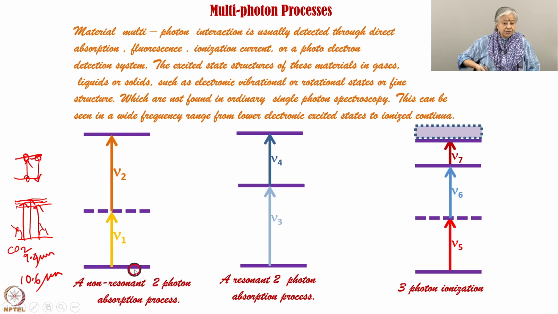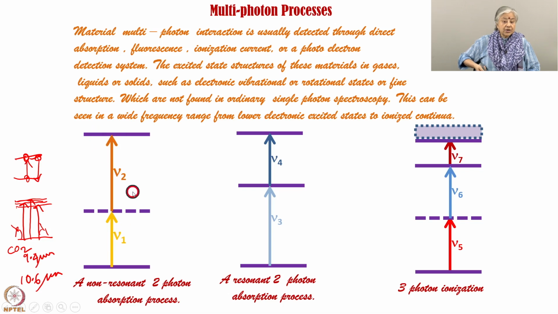It is non-resonant because from the ground level to this level, which is the real state, you do not have one frequency. It is not resonant. The frequency or the wavelength of the laser that you are using to excite to this level is non-resonant. You are getting two different photons to add up and go up here.